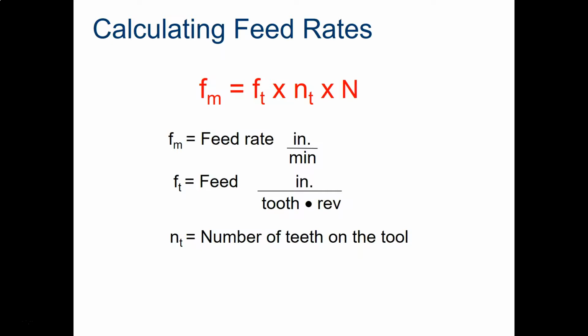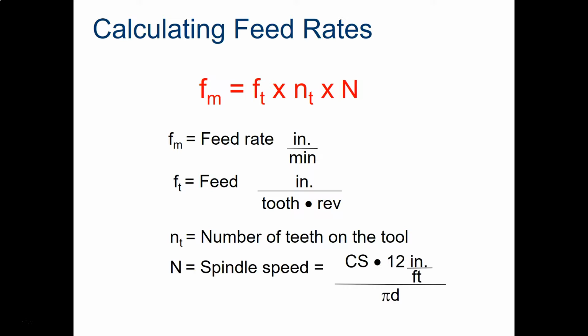This is a unitless number. Times capital N, also known as the spindle speed, which we just learned to calculate as the cutting speed converted to RPMs.